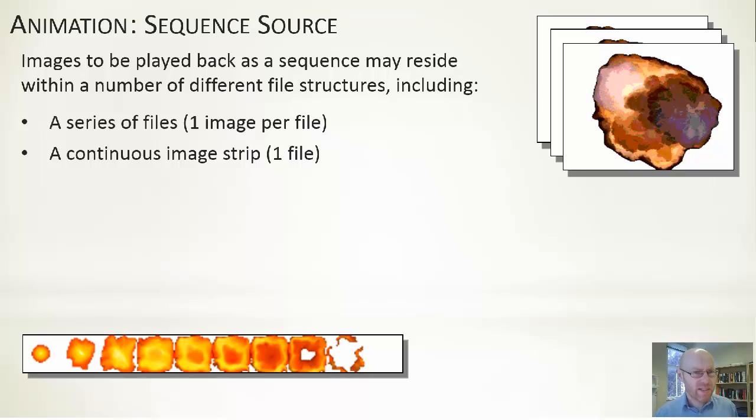So that actually makes it easier. It means we have one thing to load in, and when we're playing that back, effectively we're not drawing out the whole image, we are drawing out a specific rectangular region within that image that corresponds to the frame that we're drawing out at that point in time.